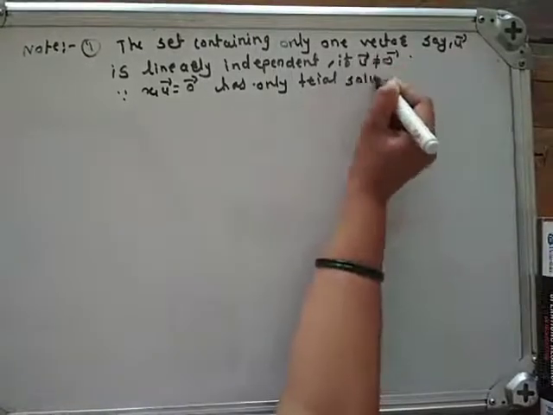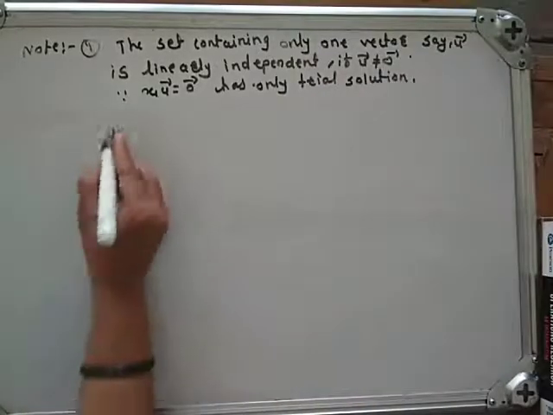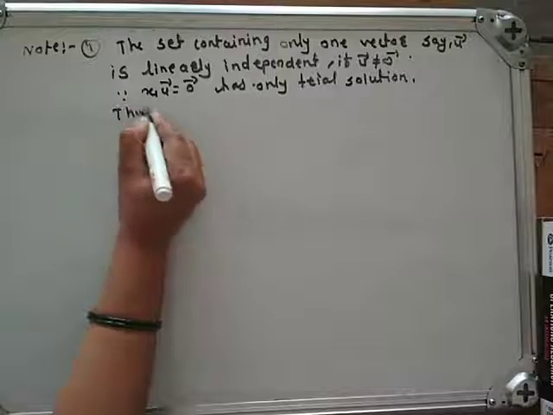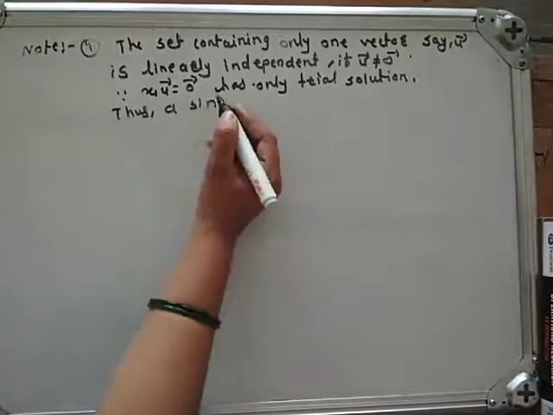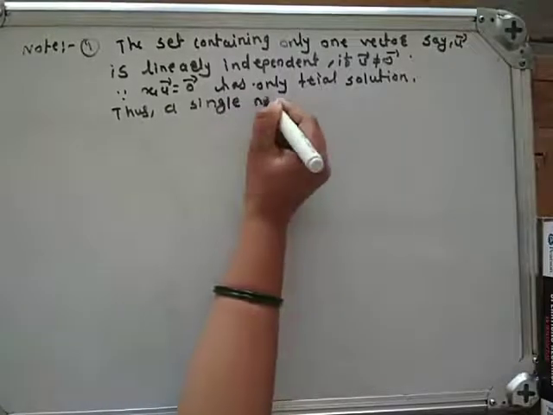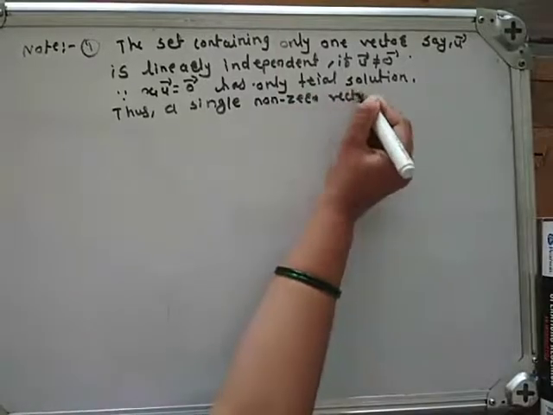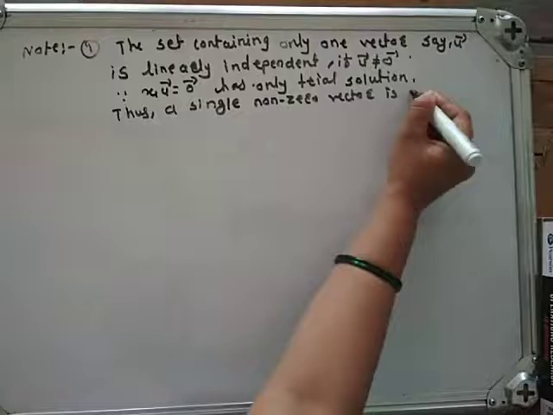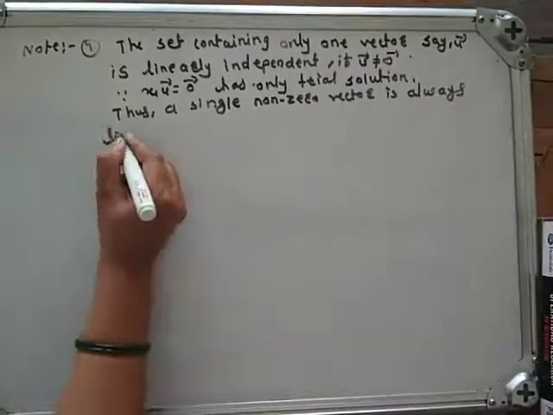Thus, we can say that a single non-zero vector is always linearly independent.